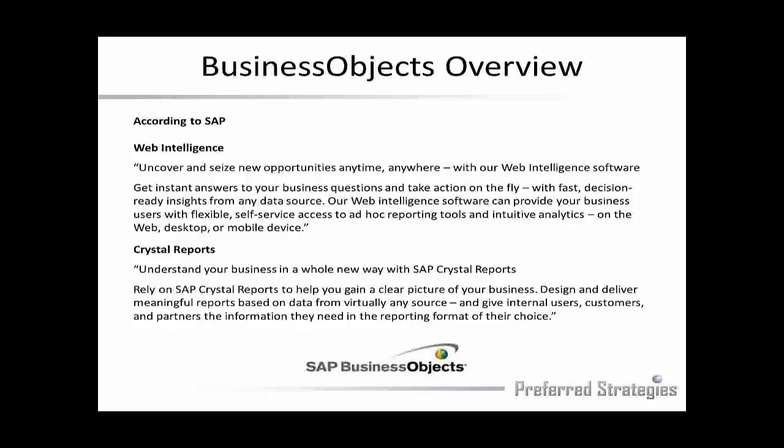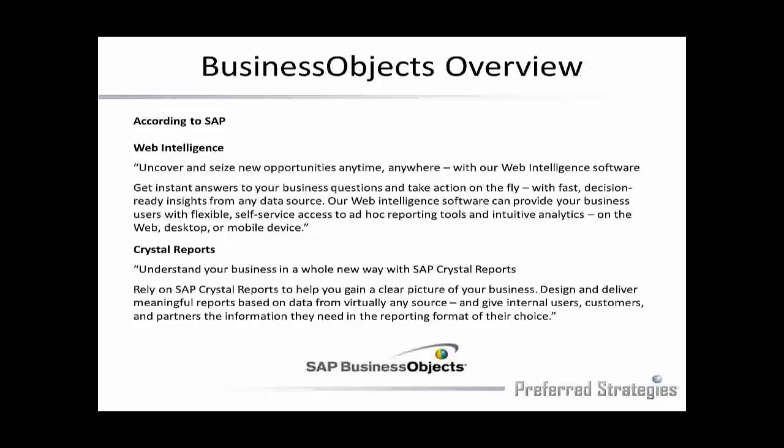So we're trying to keep this session between Power Pivot, BI Publisher, and some of this ad hoc material within Business Objects. These are all things that Preferred Strategies provides jump starts for in JD Edwards. Obviously, these are all elements of bigger BI suites. Power Pivot is just one part of the Microsoft BI suite.